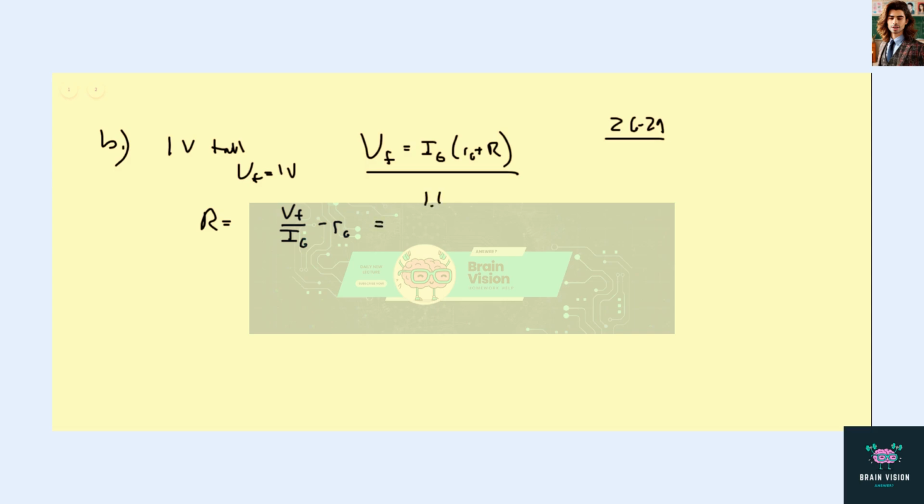So we have 1 volt over 2.22 times 10 to the negative 5 amps minus 20 ohms. If we plug all that in, this becomes roughly 45,000 ohms. So to make it a voltmeter of that specification, we need to add 45 kiloohms of resistance in series to our galvanometer.